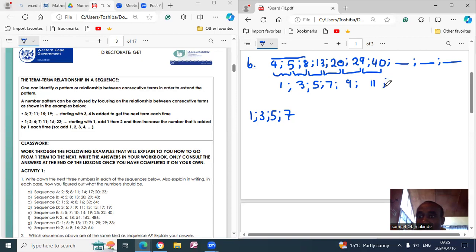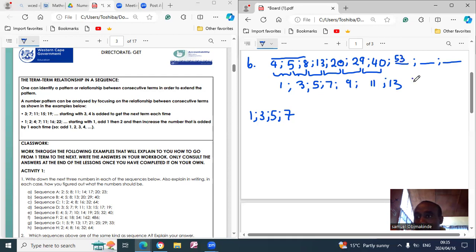It means that it's the next odd number each time. So to get the next number, you have to add the next odd number after 11, that will be 13. If you add 13 to 40, you will have 53.